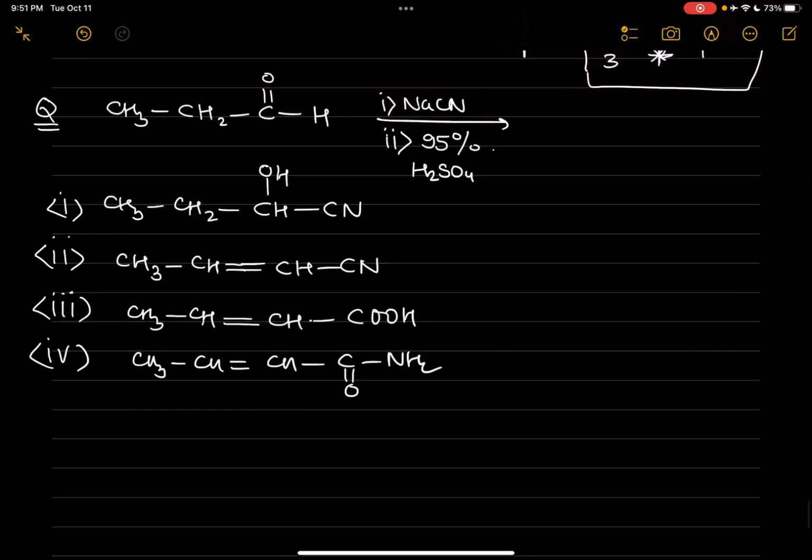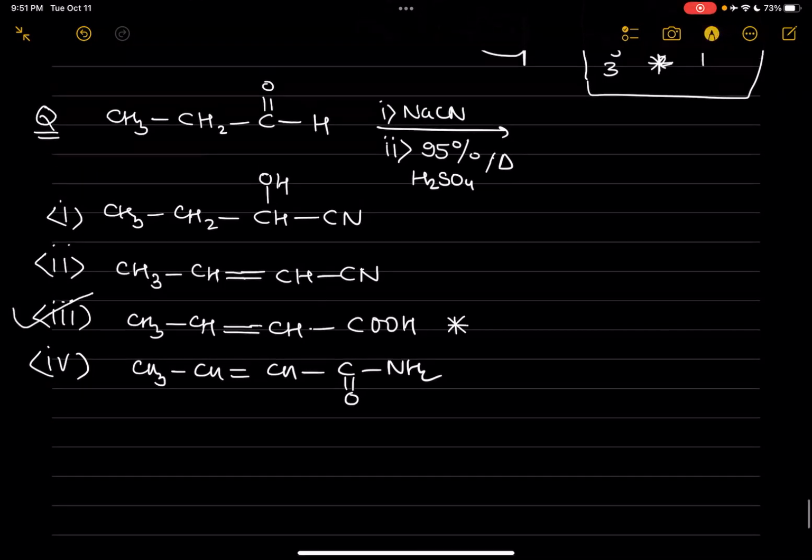So the problem is very tricky, but they have mentioned one line in that book, and based on that only the JEE has given the question: with 95% H2SO4 and heat, you are going to get alpha-beta unsaturated acid. So this is going to be the answer.